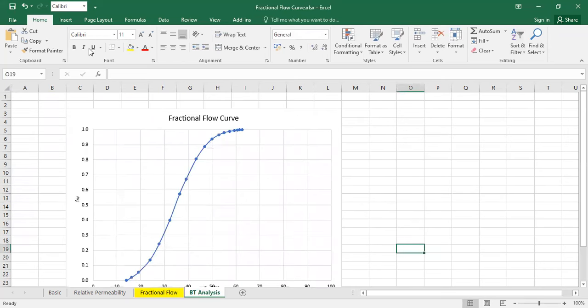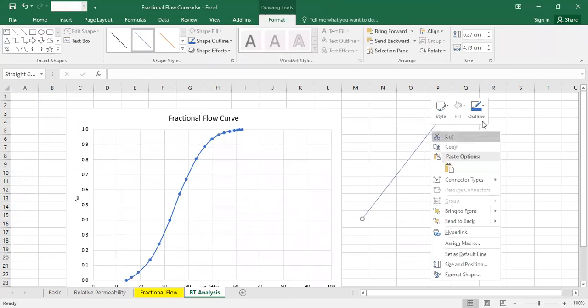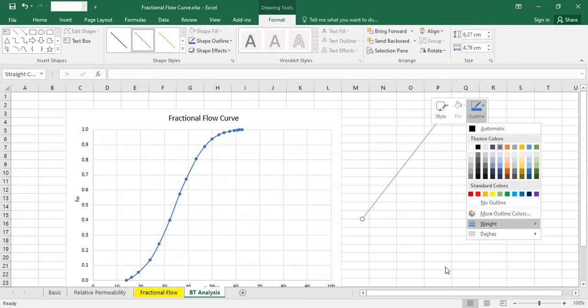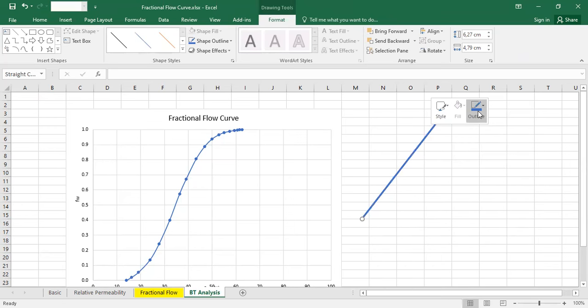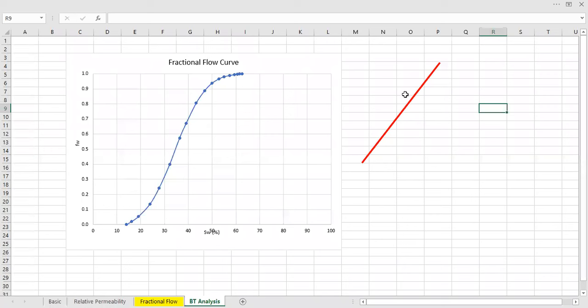The easiest, simplest approach is to make a line like this. I'm going to make it thicker and color it red, and then make a line starting from the initial water saturation and drag it until it touches the fractional flow curve.